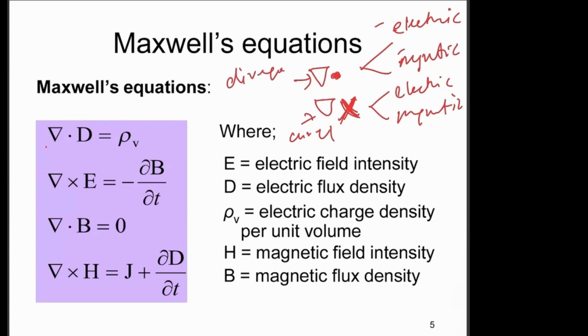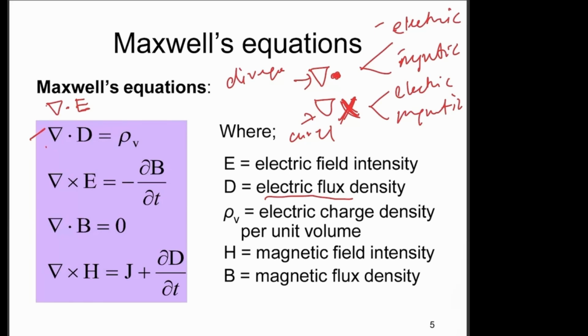Okay, this one is the dot product with D. This D is the electric flux density. Sometimes they write it as del dot E, where E is the electric field intensity.